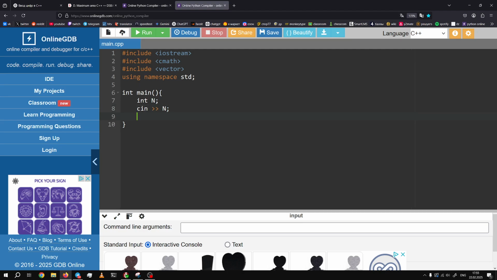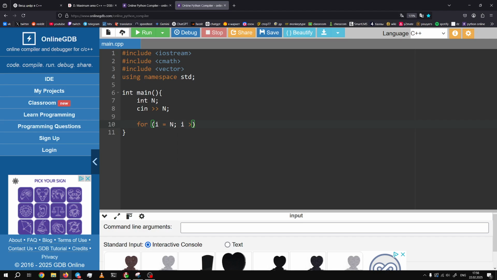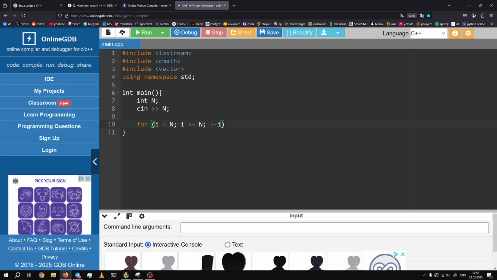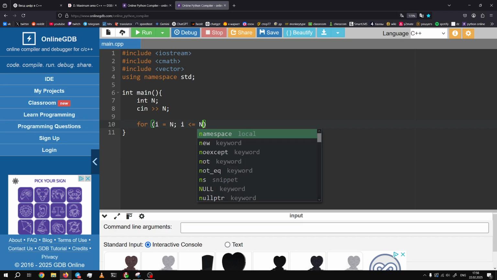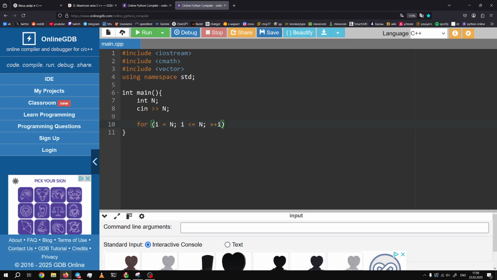We input n, and then we can do a cycle for i from 1 until n, and we do plus 1 to i every cycle.